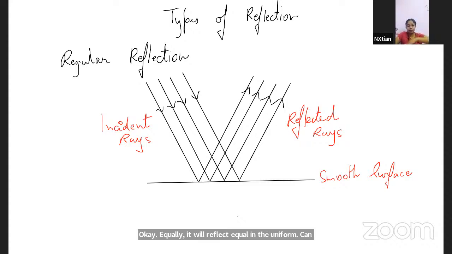The way they are falling, that way only they are reflecting. They are reflecting equally. So this is known as regular reflection or specular reflection. Writing it: it's created by plane mirrors with smooth surface.